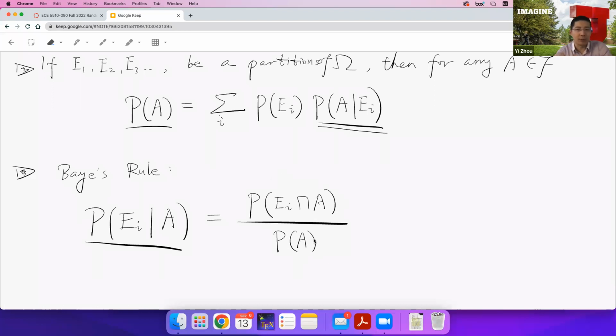We still need to decompose these two terms into smaller terms, and it turns out that in many cases, what we know is actually the conditional probability of event A given EI. So for that, we can utilize the conditional probability rule to write the numerator, the probability of this joint event, as probability of EI times probability of A given EI.